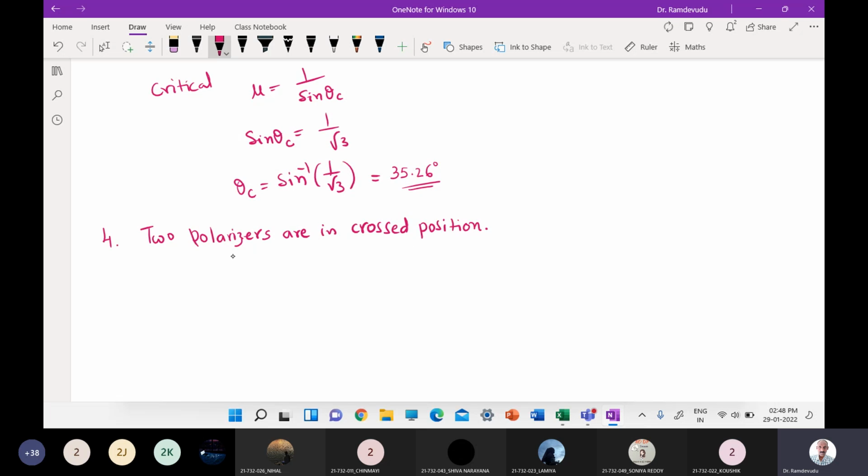Okay, crossed position. One of them is rotated through 30 degrees.